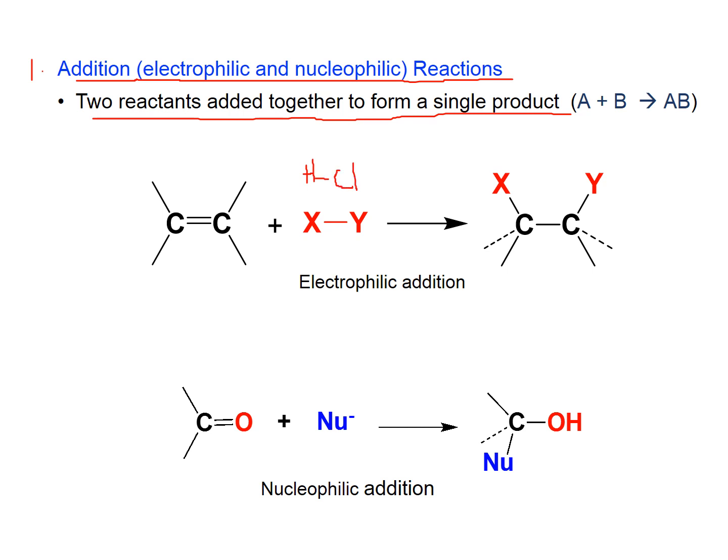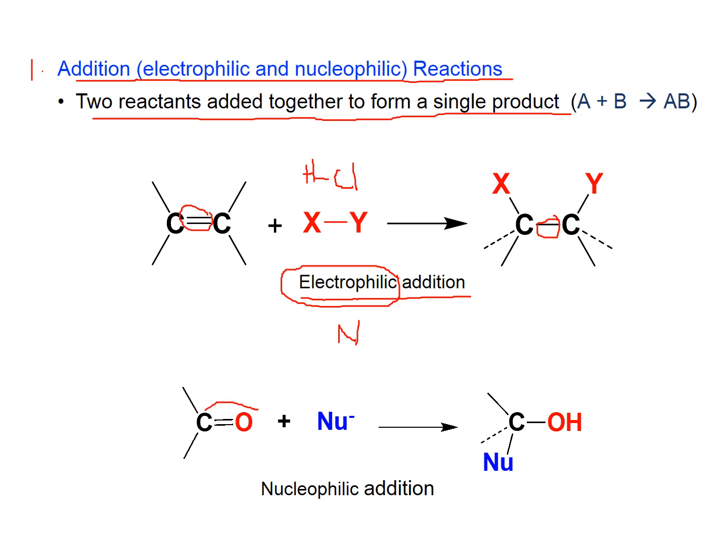So dia akan buka the ikatan, the double bond, and will become a single bond later on. So this is what we call as electrophilic addition. Kenapa electrophilic addition? Kenapa bukan nucleophilic addition? There is a reason for it. So I will cover this reaction later on. Okay, ini untuk C double bond C.